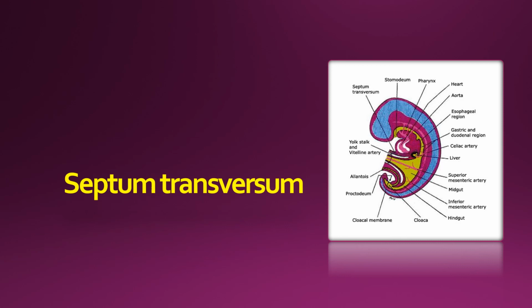We can see a plate-like structure, a plate of cells, which is called the septum transversum. This septum transversum appears below the heart. In future, it is going to form the diaphragm.